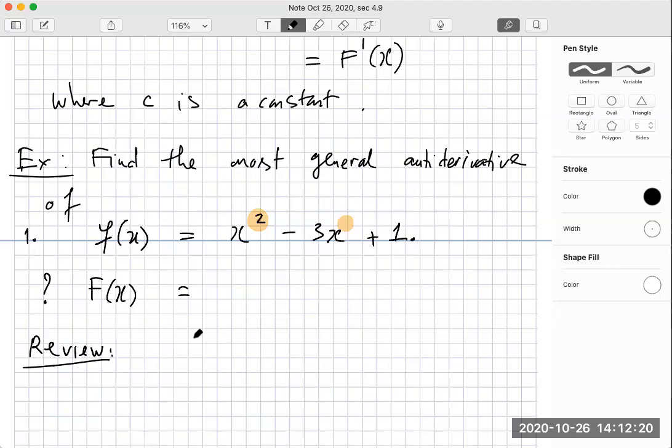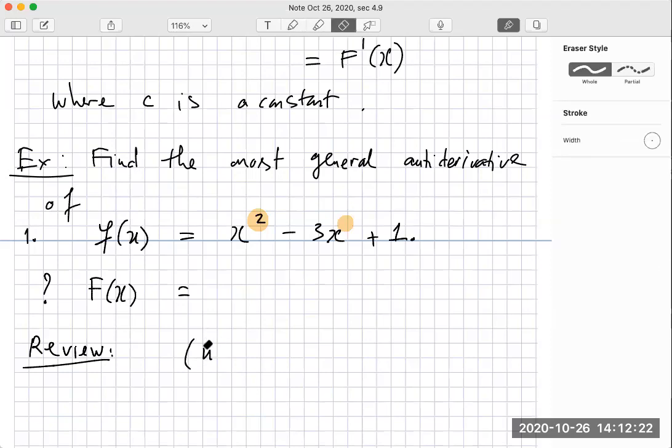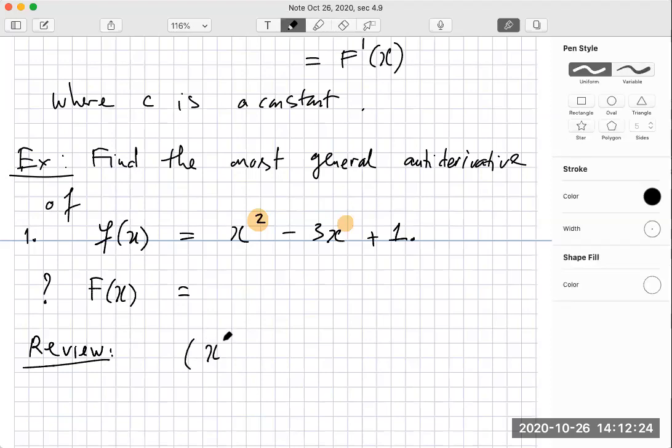Thank you, Morgan. So we know that the derivative of x to the n will be n times x to the n minus 1. And if here n minus 1 is 2, then x to the n should be x cubed. Very good.